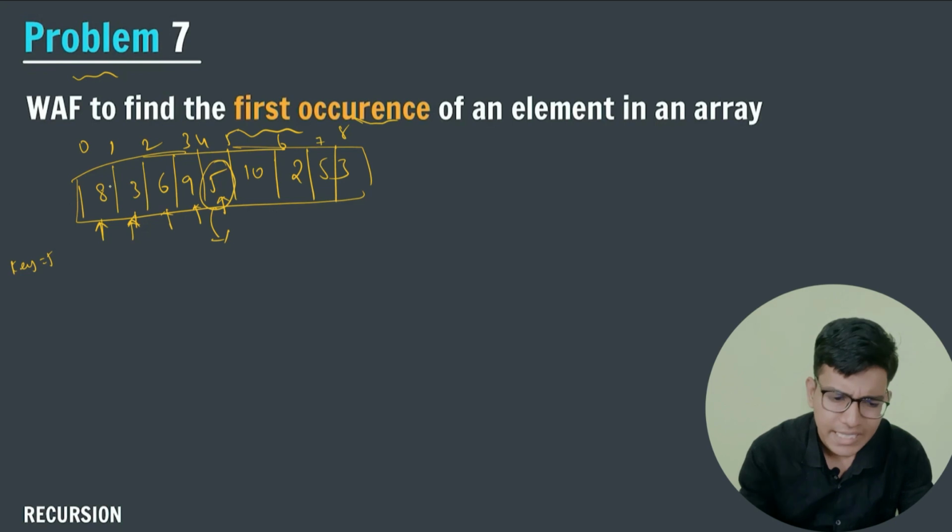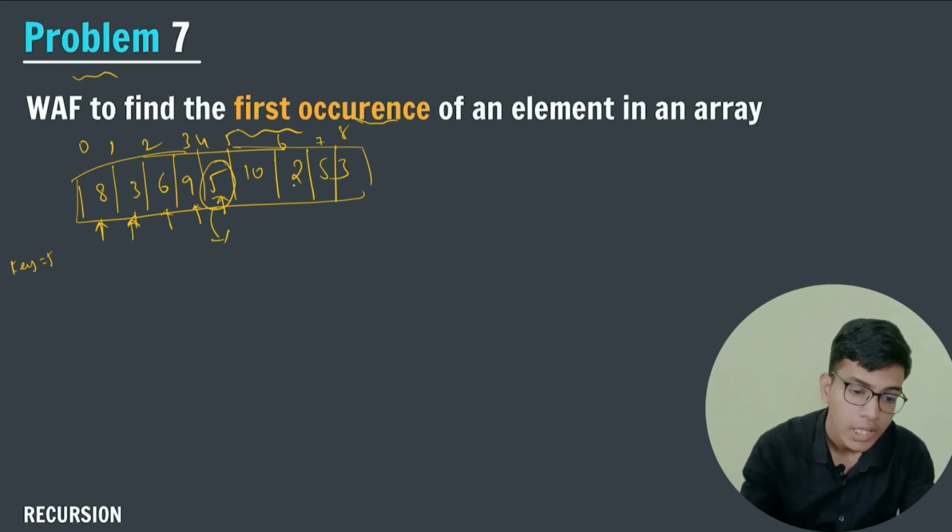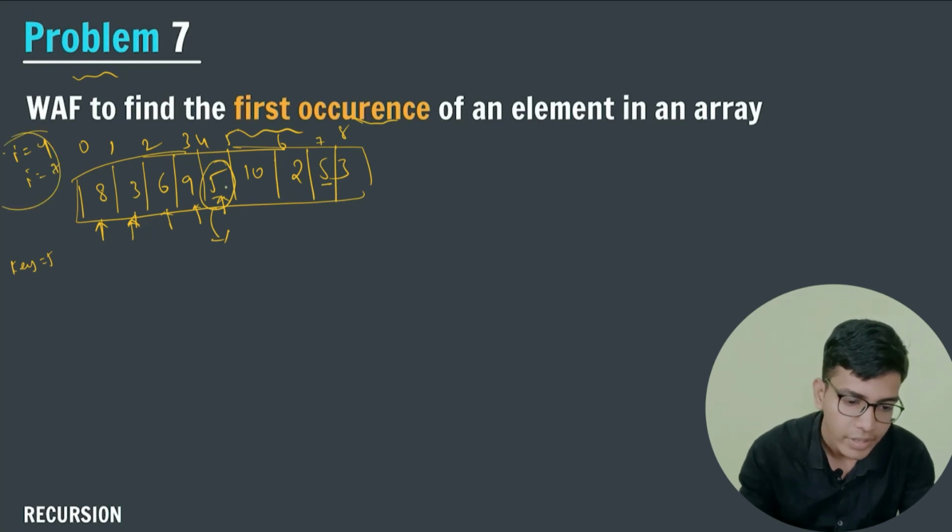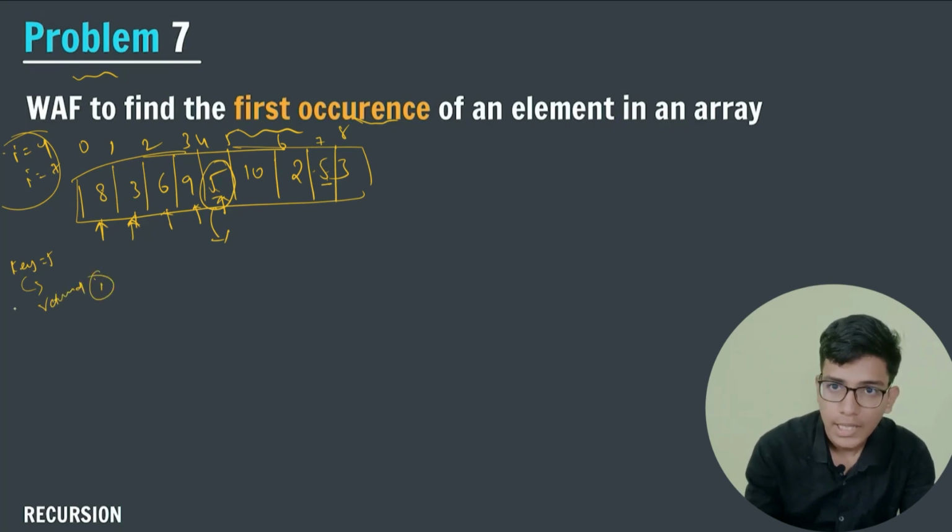In our whole array we got 5 at two indexes: at i equal to 4, and at i equal to 7 we also got our element 5. So we return our index i value. What is the first occurrence? The first occurrence is i equal to 4, so we will return 4 to my user.